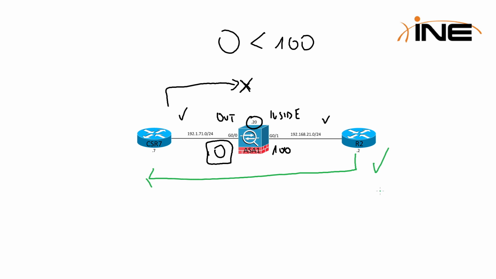Router 2 to 7 was allowed because I'm starting from 100. So I'm starting from a higher level than the destination, than 0. I can do this. But when I try to do the opposite, I'm at 0. I want to get to 100. We should see that it's not going to work.